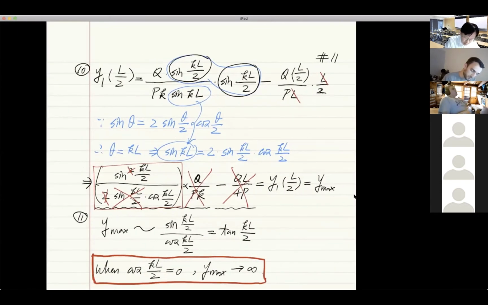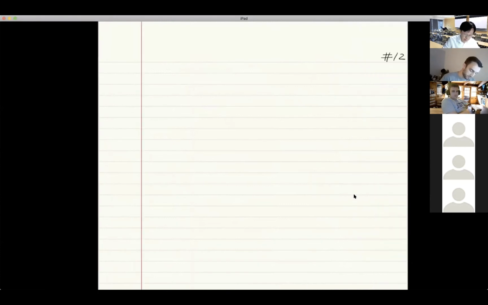This is going to be page 12 on my note, and the example number is going to be example 3. Okay. So what is this example?